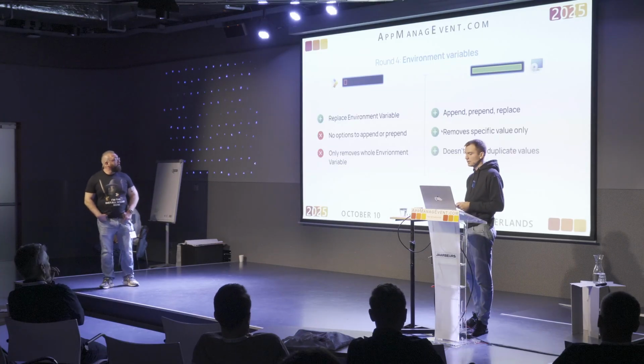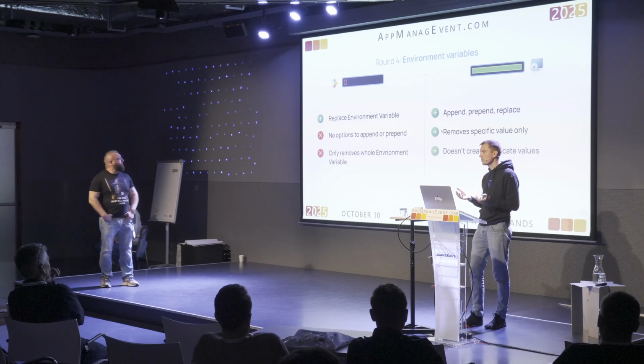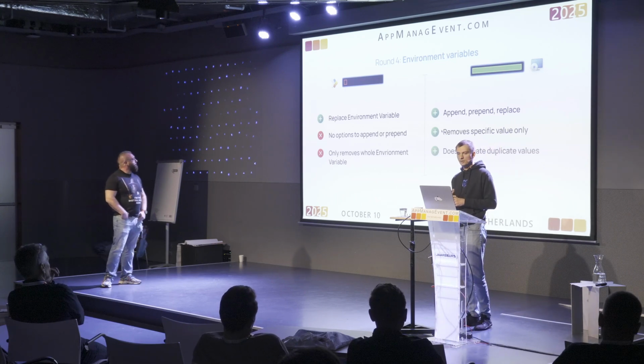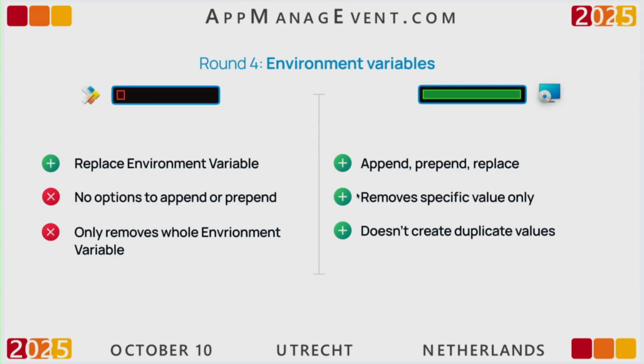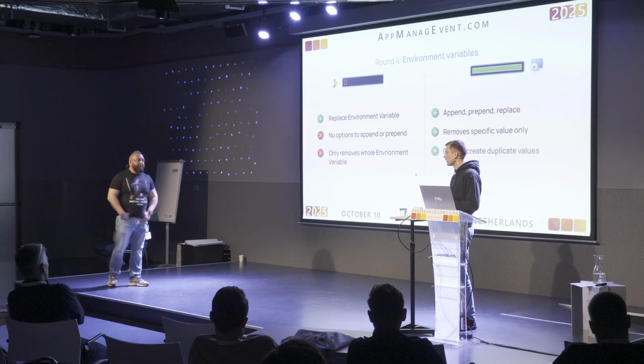So the conclusion, when it comes to environment variables, take a look at MSI, because it's designed to tackle these needs. And for PowerShell Deploy Toolkit, currently there is no such functionality. Only set and remove.